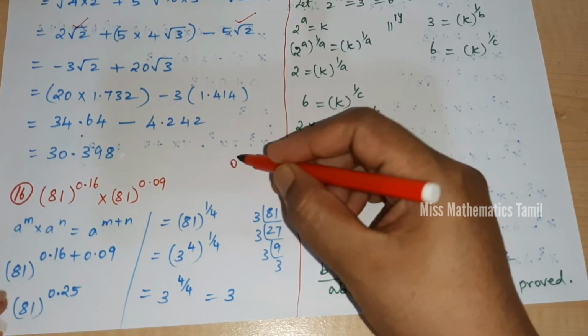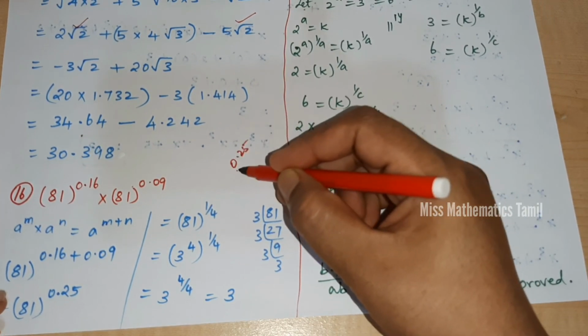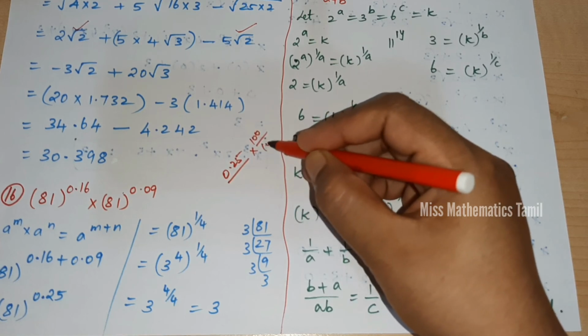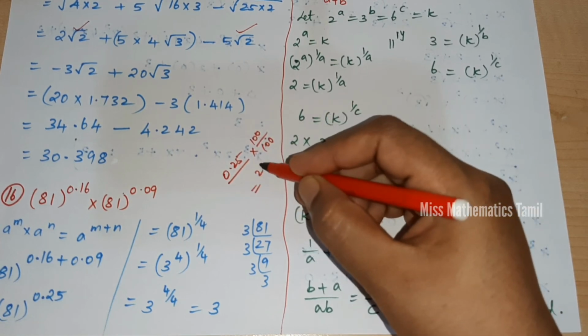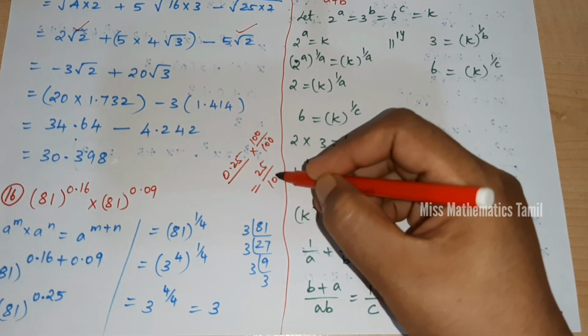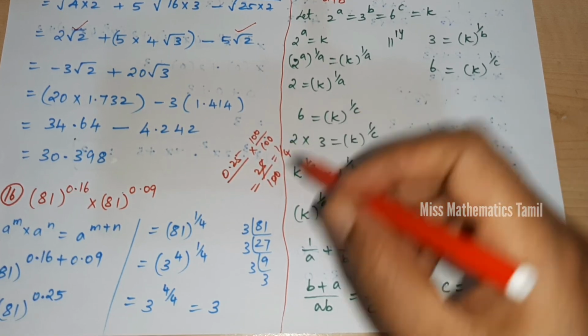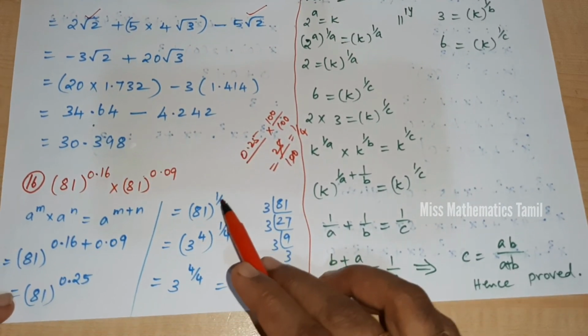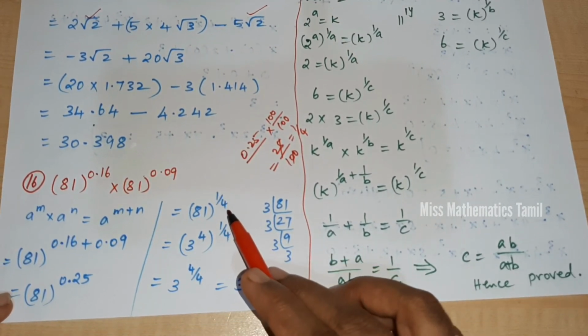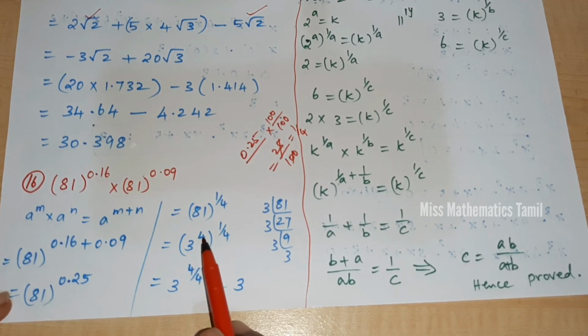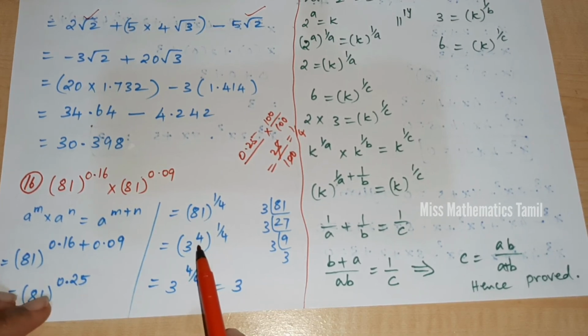How? 0.25 is equal to 25 divided by 100. This is equal to 1 by 4. Okay. So 0.25 is 1 by 4. So 81, I can write as 3 to the power of 4, right?